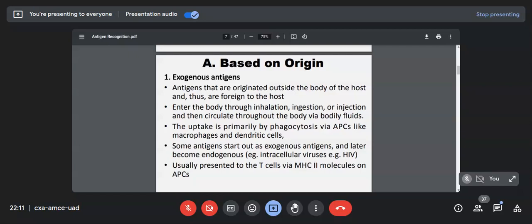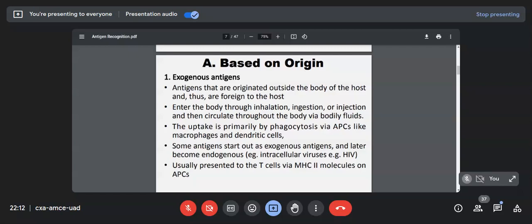So the APCs first phagocytose, meaning ingest, that particular exogenous antigen.